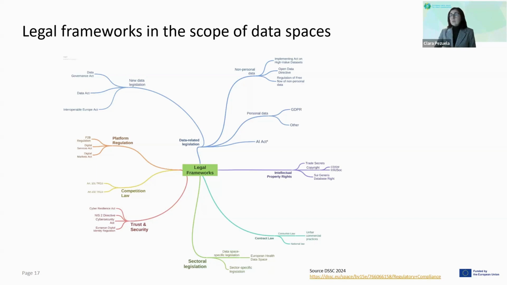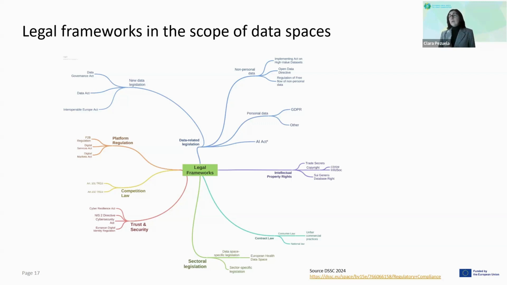Here you can see that they have split these legal frameworks into different perspectives. The first one is everything in relation to data acts and data regulation. Here we may have, on one side, the already well-known personal data legislation, like the GDPR, for example.